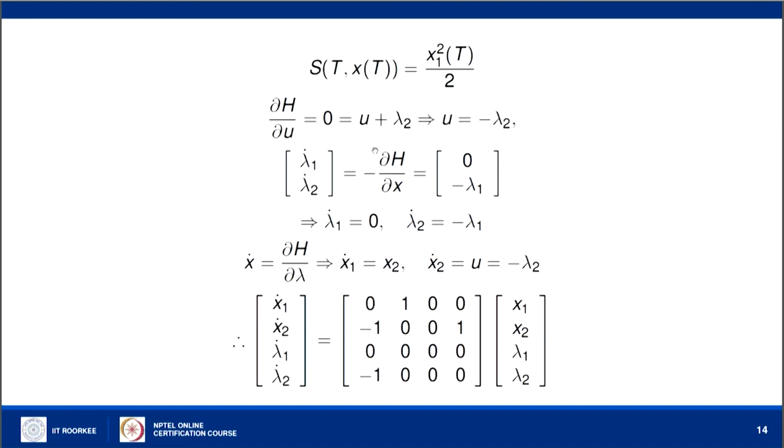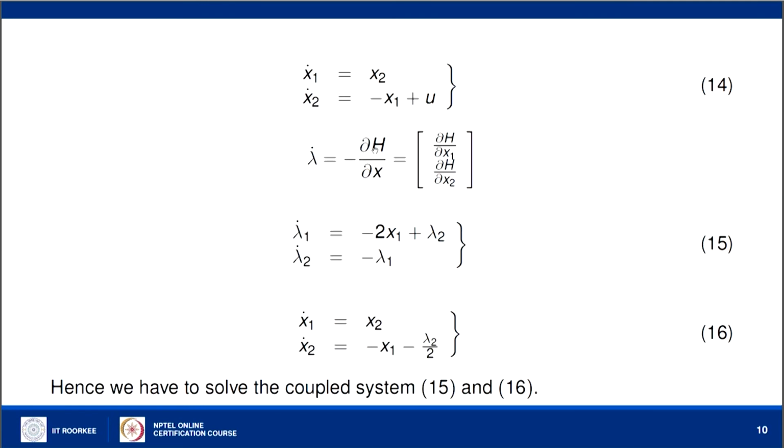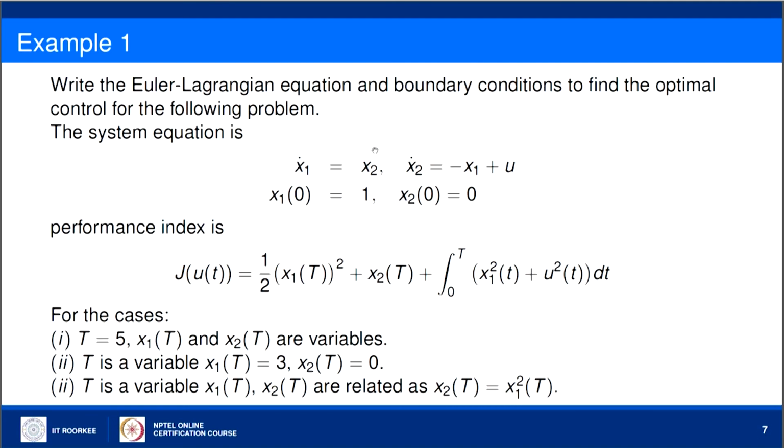The remaining 2 cases we have to discuss are the cases where final time is variable and final position is fixed, and where both final time and final position are variable. In such problems, how do we find the optimal control? These cases we will discuss in the next lecture and solve some examples. Okay, thank you.